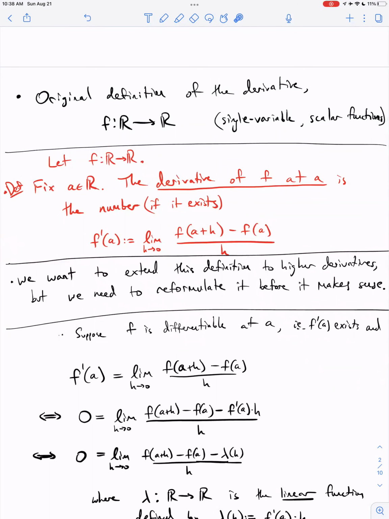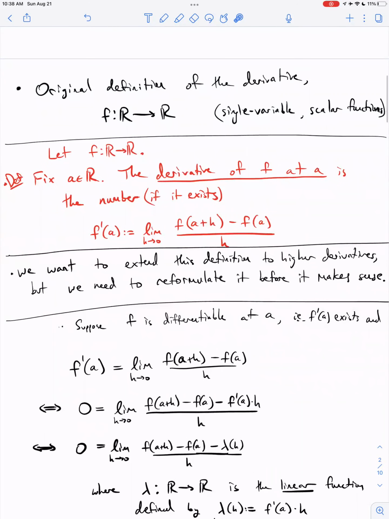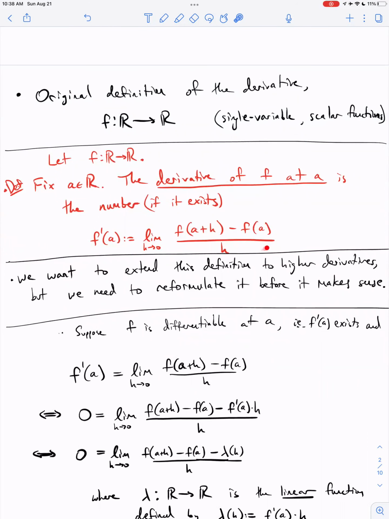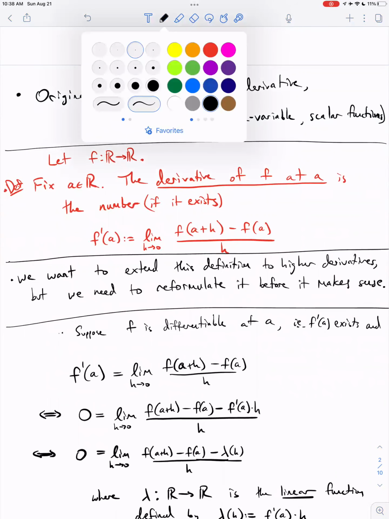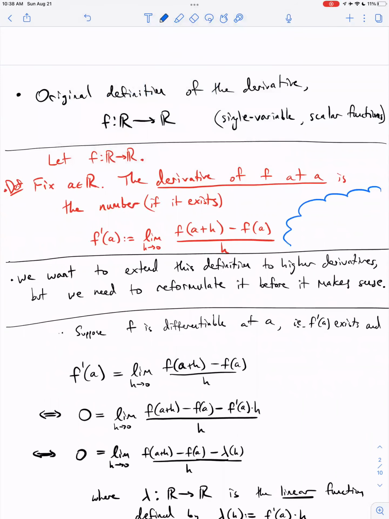Just before we go into this, look at this difference quotient and see what would change if f was a function from Rn to Rm, where n and m are not just one.